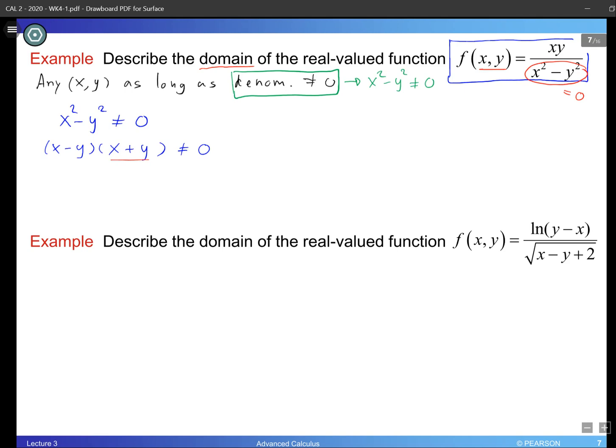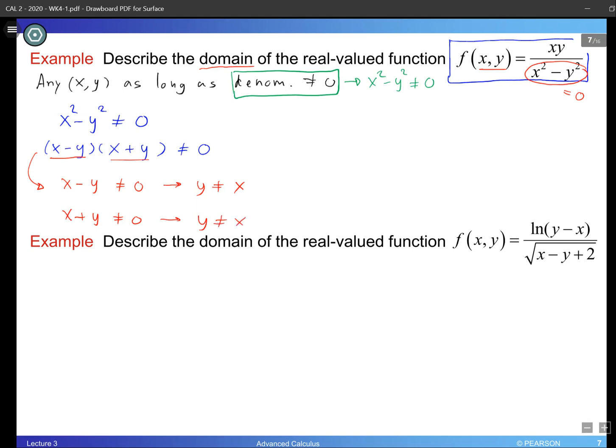So the first one is x minus y cannot be 0, and the second term, x plus y, cannot be 0. Working a little further, in the end we have y not equal to x, and y not equal to minus x.